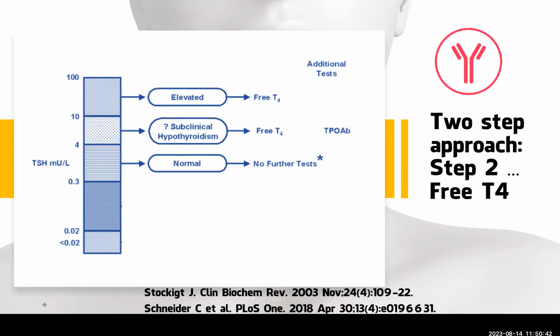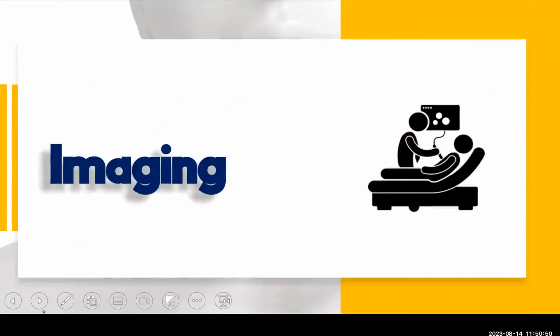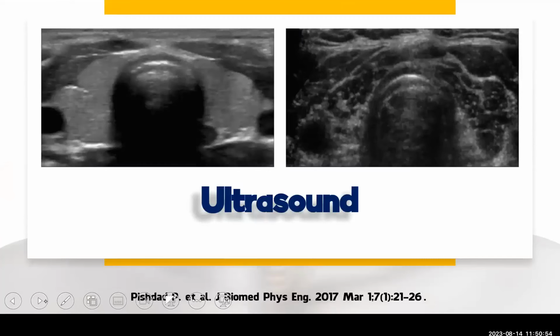For example, you may order thyroid autoantibodies to confirm if the patient's having Hashimoto thyroiditis, yes or no. The imaging actually may help you differentiating different etiologies of hypothyroidism. For example, if you can see here, the thyroid on the left panel is the normal thyroid. As you can see, normally the thyroid is echogenic, or you may say hyperechoic in relation to the strap muscles or the pretracheal muscles.